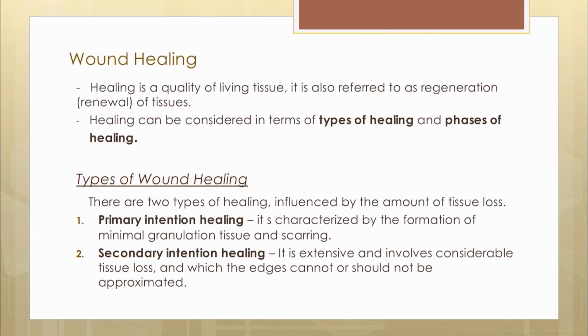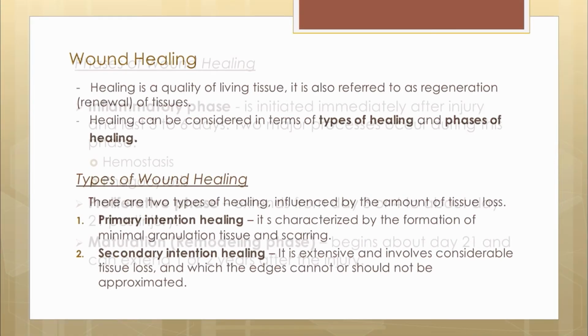Second, secondary intention healing. It is extensive and involves considerable tissue loss and the edges cannot or should not be approximated. For example, pressure ulcer. Secondary intention healing differs from primary intention healing in three ways. First, the repair time is longer. Second, scarring is greater. Third, susceptibility to infection is greater.